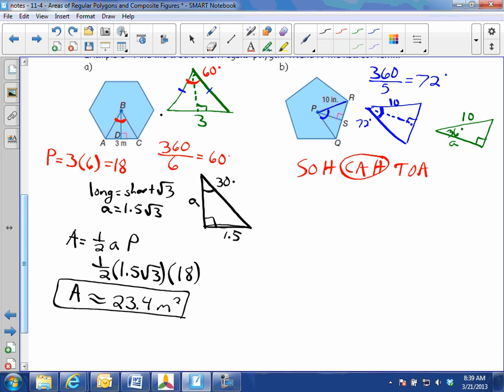You're right, because we don't have an opposite. So we're going to use cosine. So cosine of 36. Cosine 36 equals, don't you do adjacent over hypotenuse? Yes, which is right.